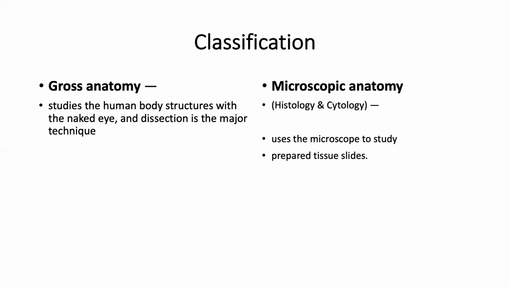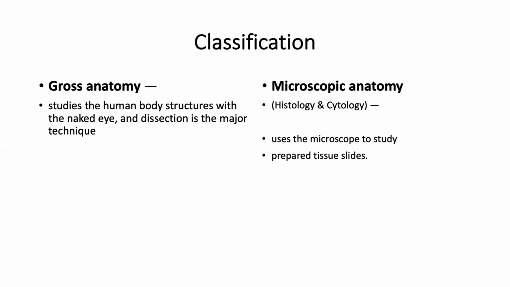You prepare this tumor, slice it thinly, put it on a glass slide, and prepare it so it can be looked at under the microscope. That is the process, and that is called histology.